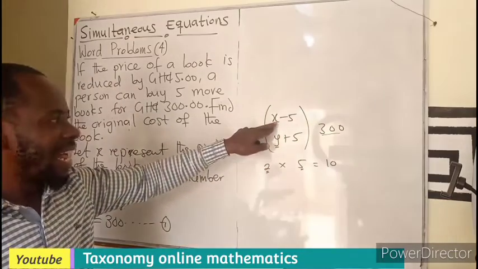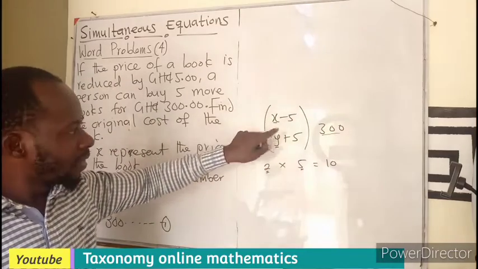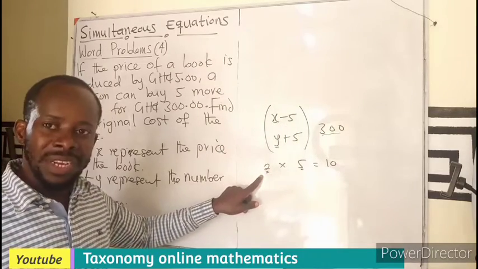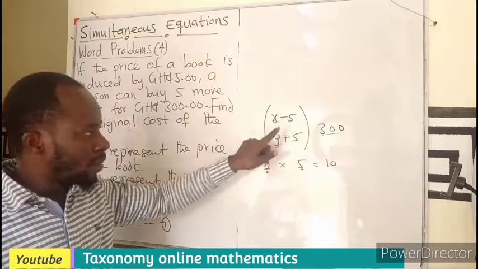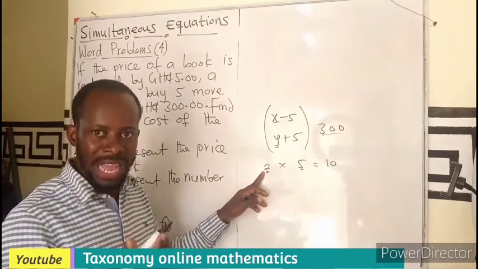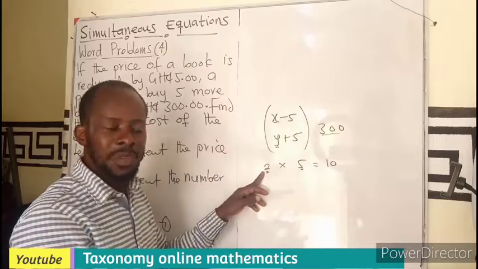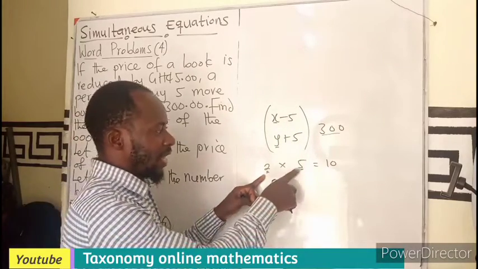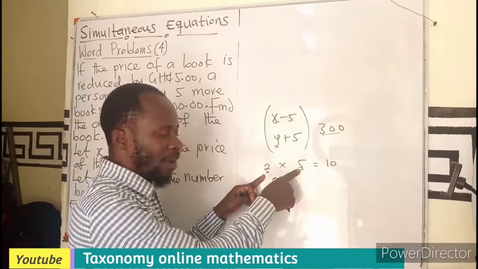Now the price is reduced. Let's just say it was 10, so that we can get a positive number, and it is reduced by 5. It means I'll be having 5 left here, right? And if the price is reduced, the number of books will increase.